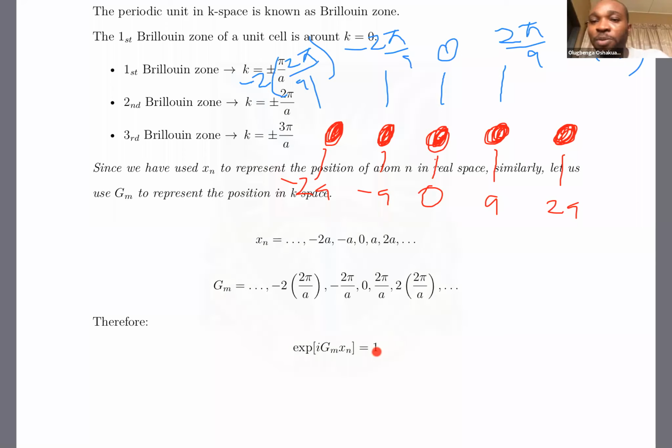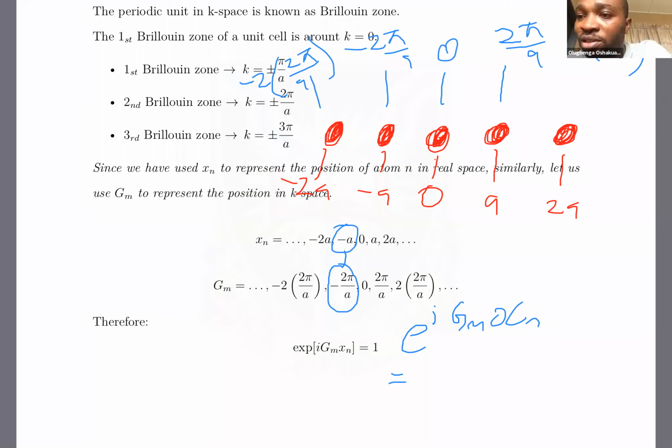I'm thinking of us playing with this particular expression. Let's talk about it. e to the i gm xn, let's take for instance these two, this and this.